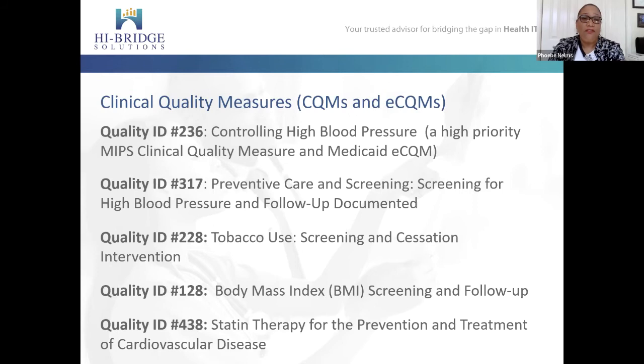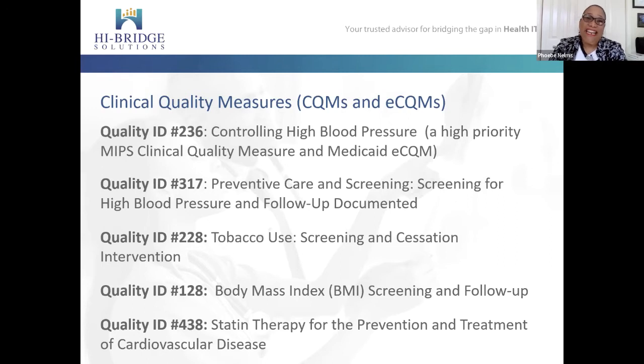You may be doing a certain activity, but is it actually being captured by the system and then reported, so that you can make any adjustments and not miss out on the opportunity to make an impact on your performance.